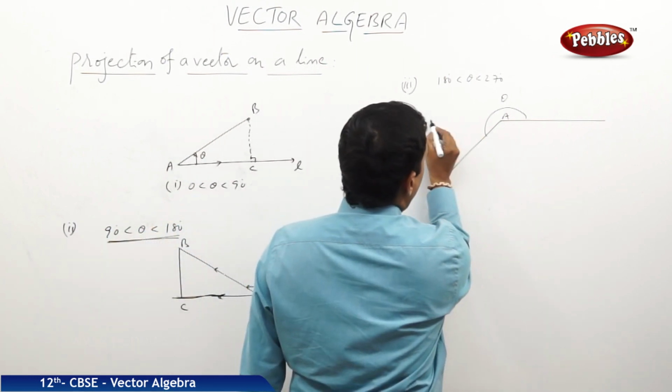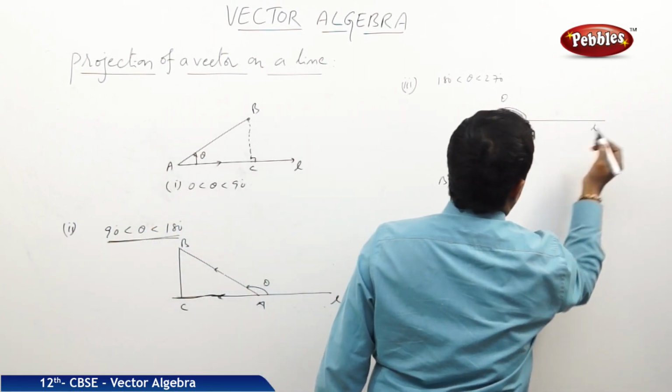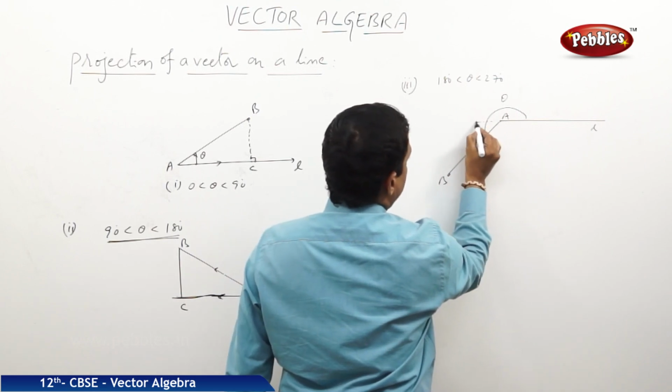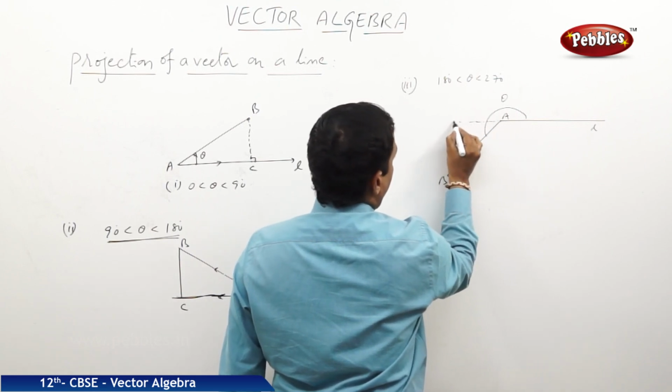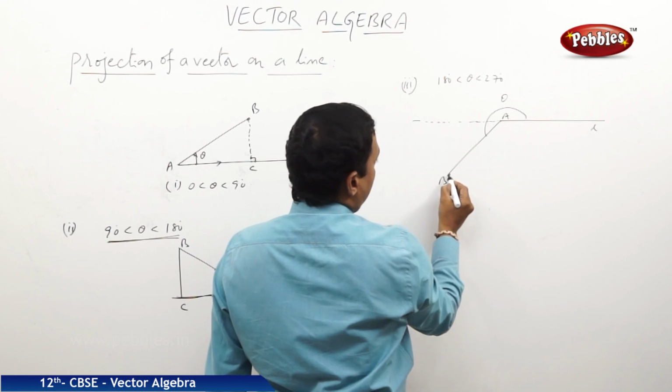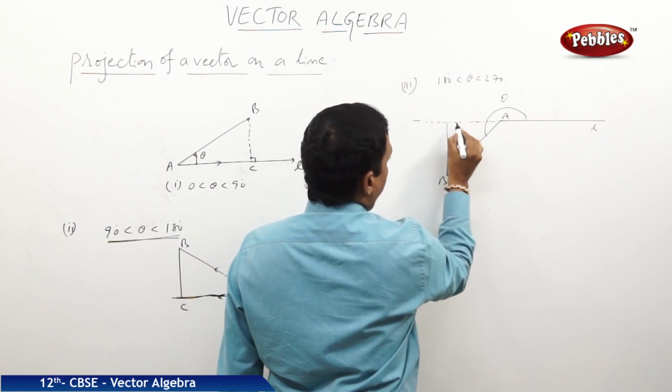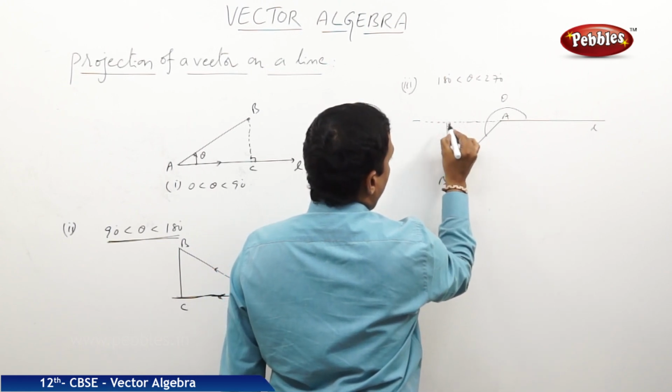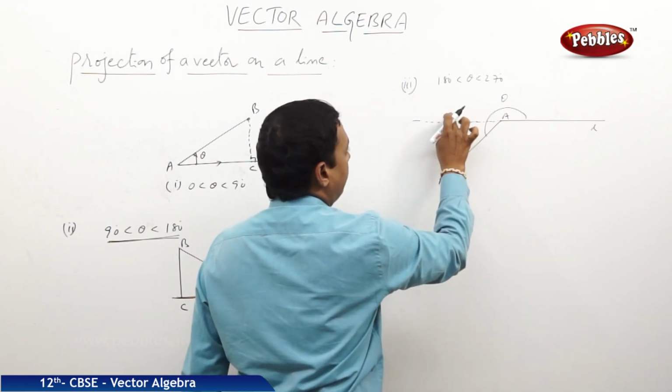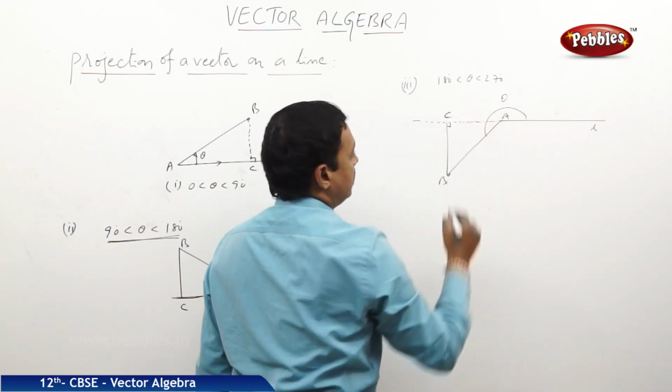Here also extend this line like this, and consider a perpendicular BC.